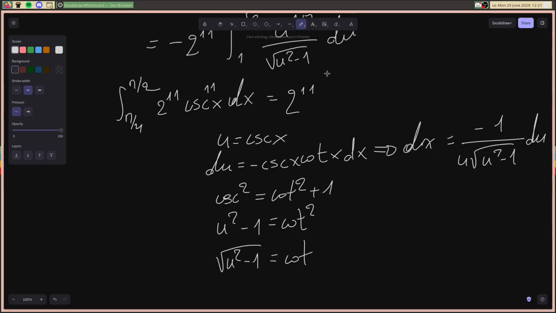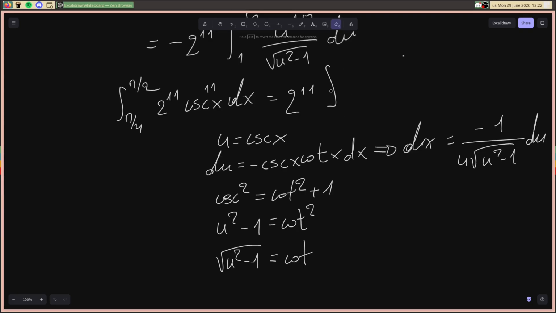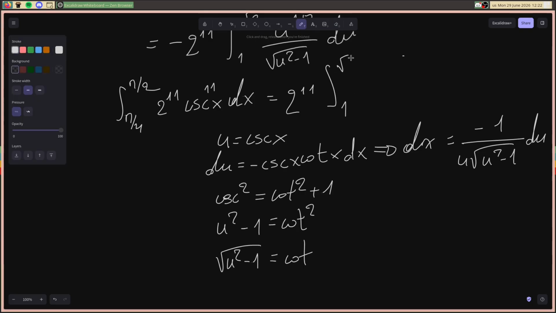And by evaluating at the bounds of integration, cosecant of pi over 4 is square root of 2, cosecant of pi over 2 is 1, but we have a negative, so this is going to flip the bounds from 1 to square root of 2. We're going to have u to the 11th over u square root of u squared minus 1 du.